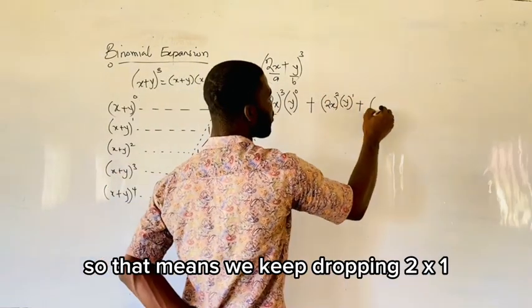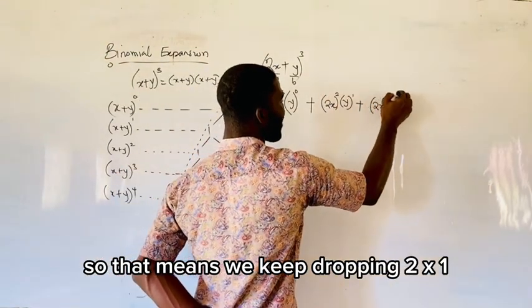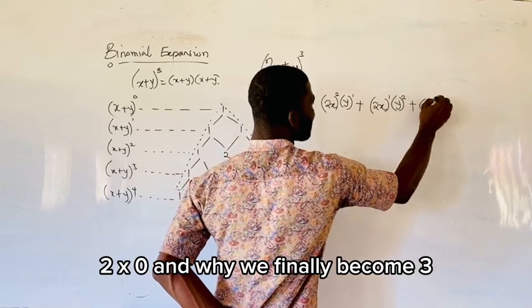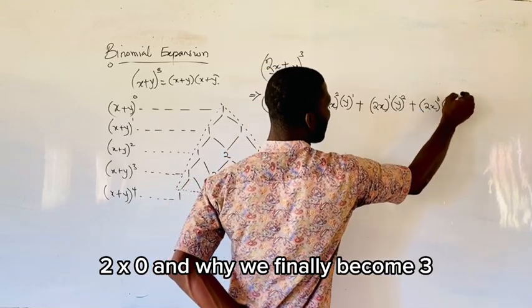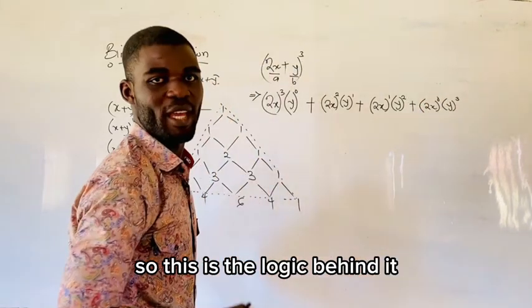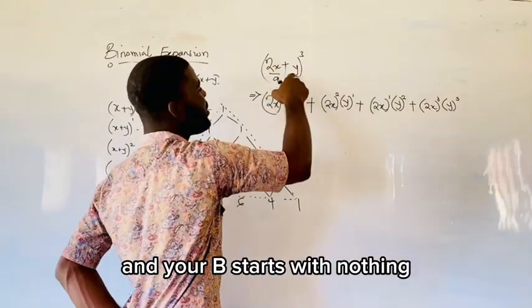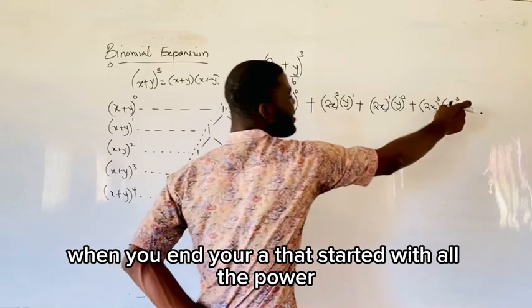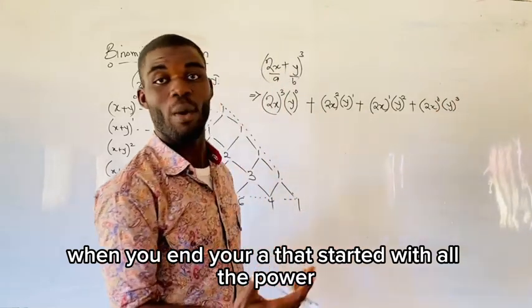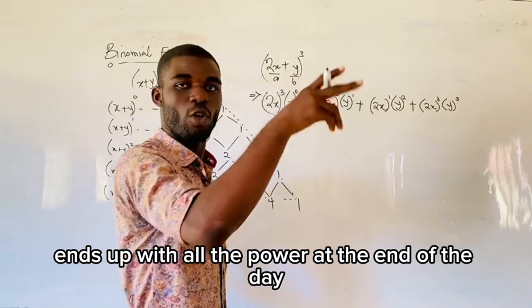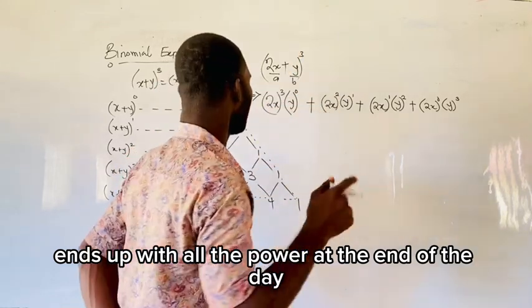So that means we keep dropping 2x, 1, y will increase again to 2, 2x to the 0, and y will finally become 3. So this is the logic behind it. When you start, your A carries all the power and your B starts with nothing. When you end, your A that started with all the power ends up with nothing, and your B that started with nothing ends up with all of the power at the end of the day.